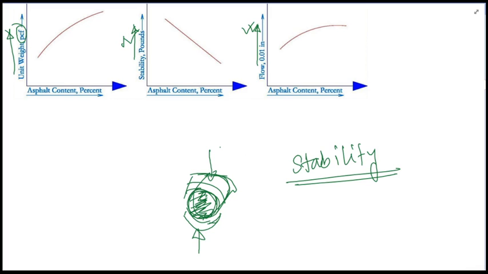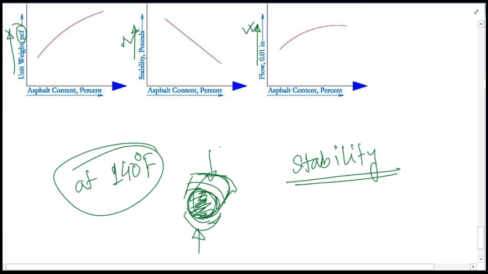The stability is measured at a defined temperature: 140 degrees Fahrenheit is fixed, which is 60 degrees Celsius.